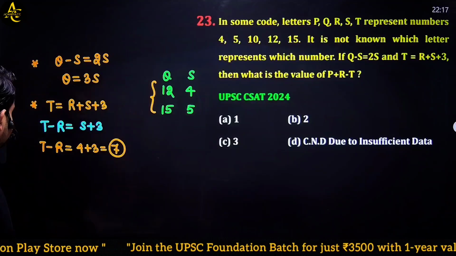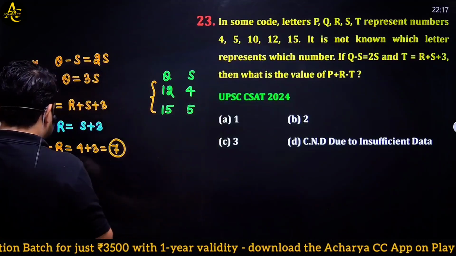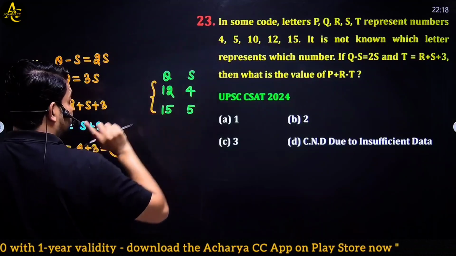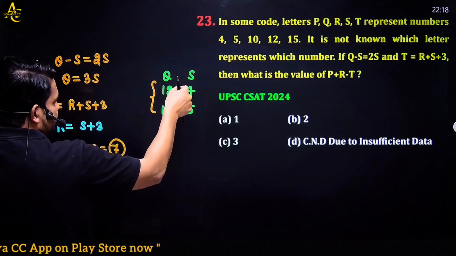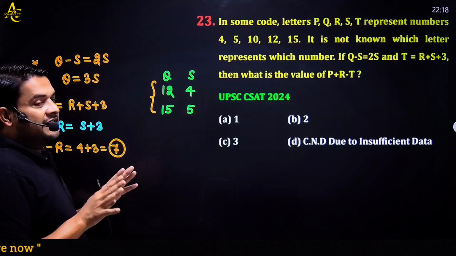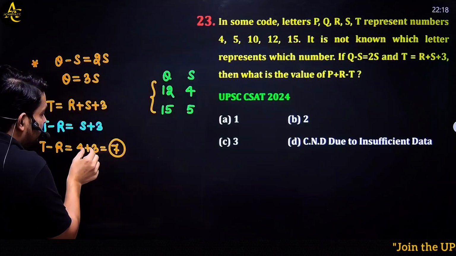But if you take T equal to 12, then R is equal to 5. But here Q is equal to 12 and S is equal to 5 have already taken these values. And here the difference 7 comes from where?